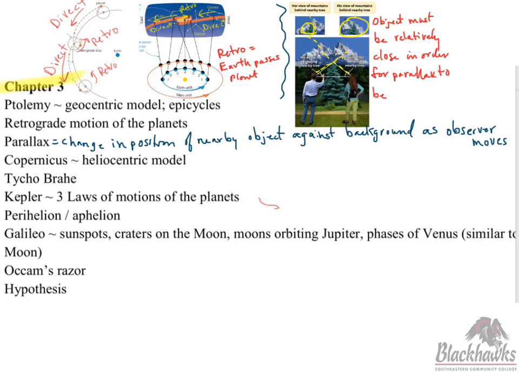Okay, so the next term you're going to see is Copernicus. I'm pointing to the heliocentric model where the sun is at the center and the Earth orbits the sun and Mars orbits the sun and all the planets orbit the sun.